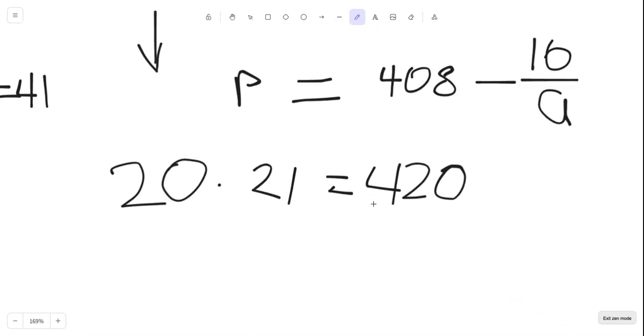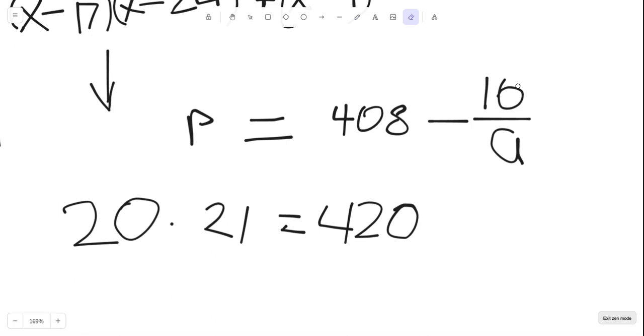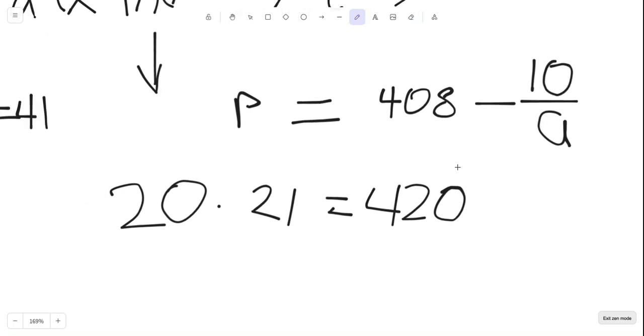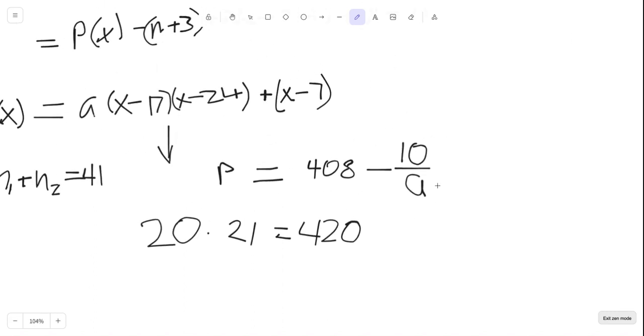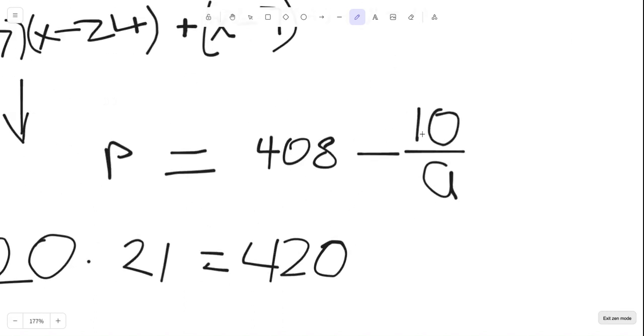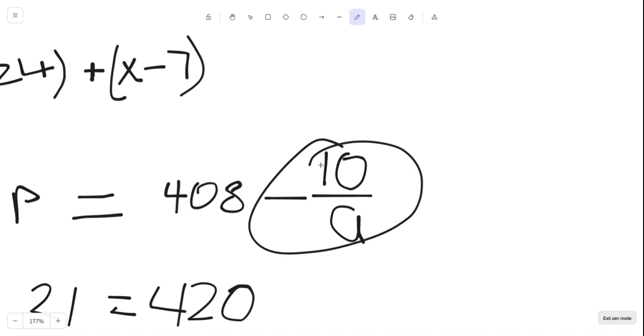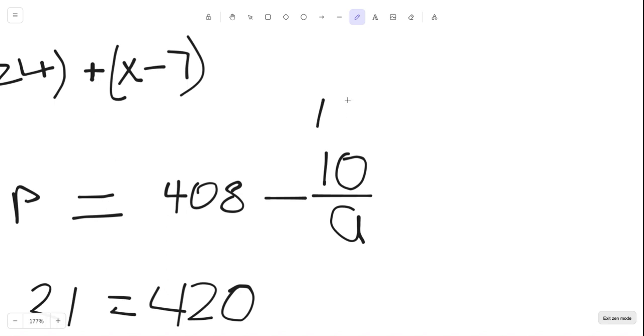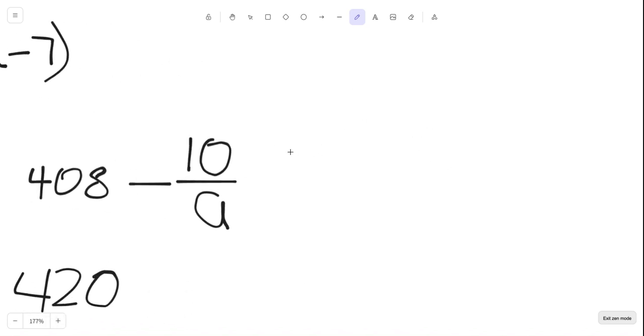We need to find another pair that satisfies this, because what are the possible values of this? If a is equal to 10, we have 1.